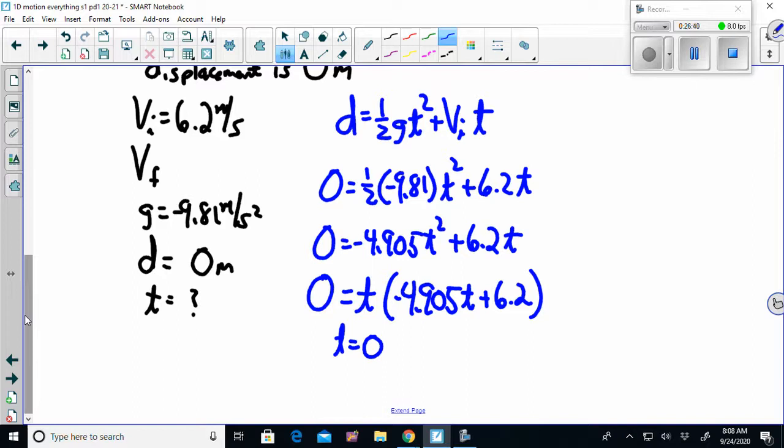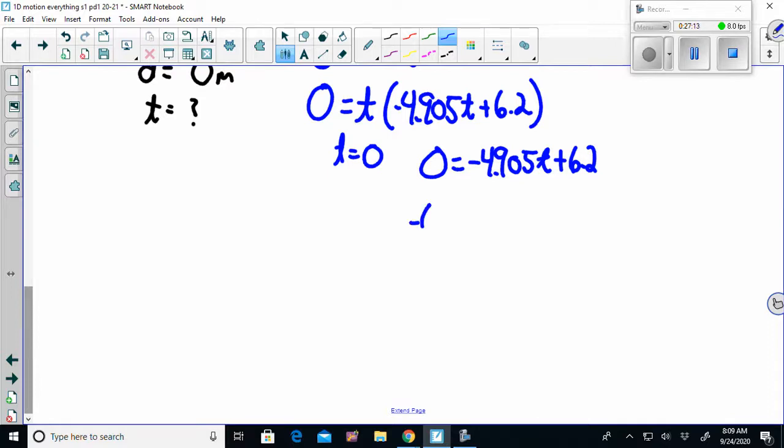The other thing is t is when this thing is equal to 0. Negative 4.905 t plus 6.2. When that part of the binomial is equal to 0, right? In order to get 0, you got to multiply by 0. So either the first factor is 0 or the second factor is 0. So we want to figure out when that second factor is 0.